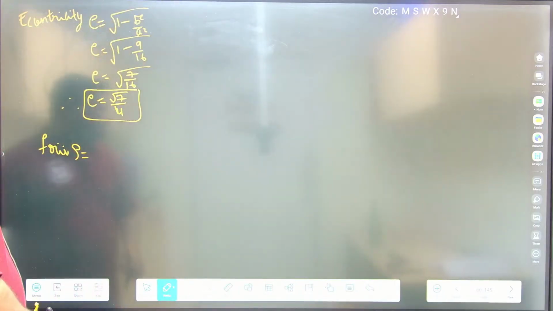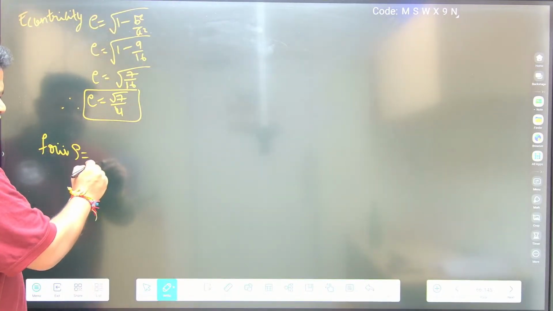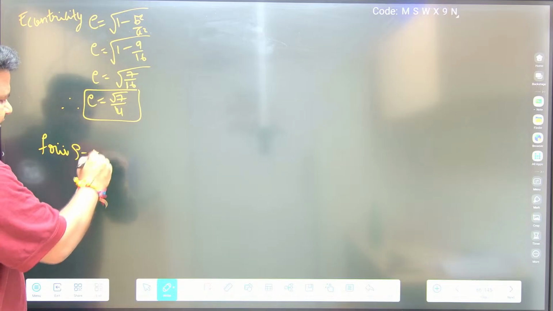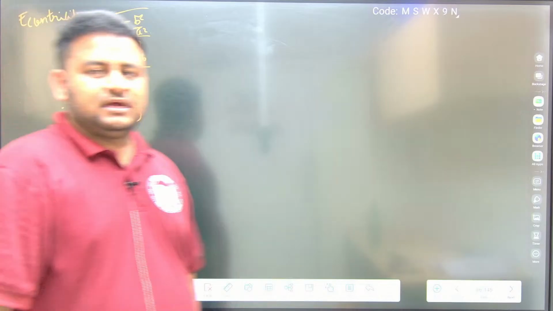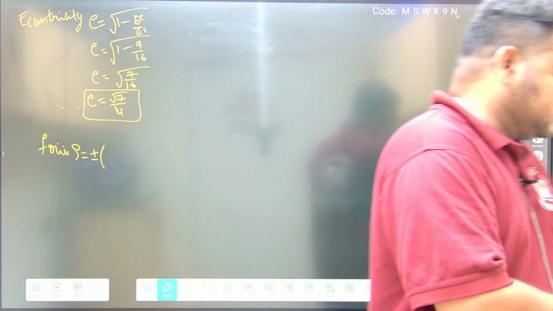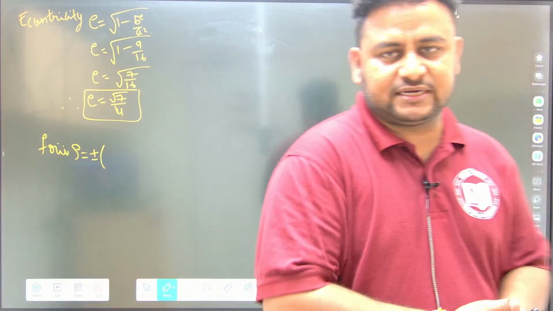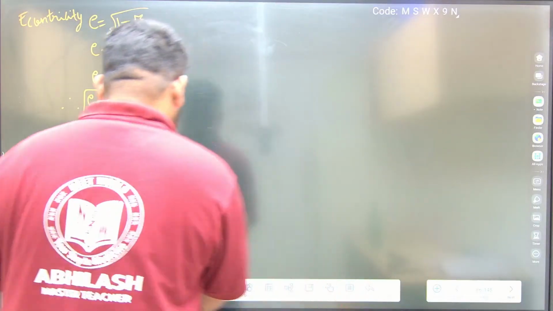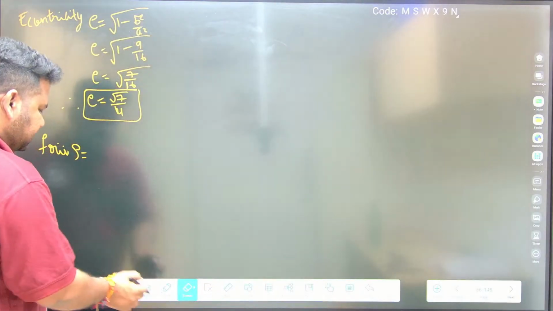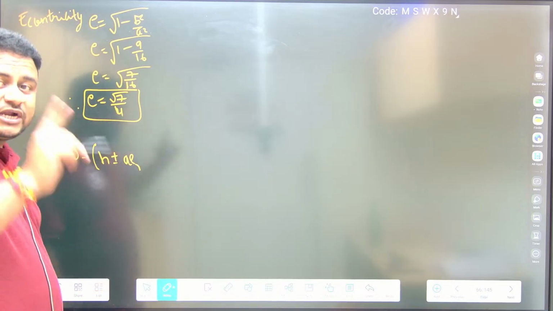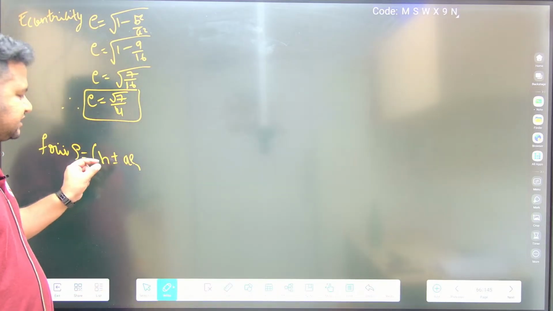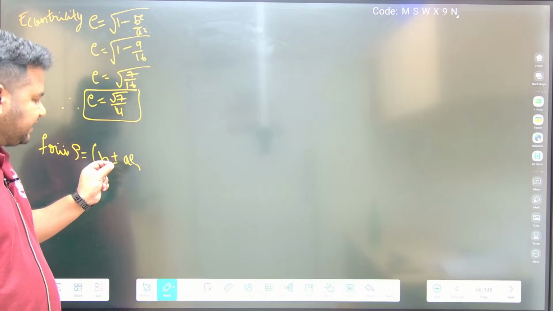Equation of foci is given by (h plus or minus ae, k).